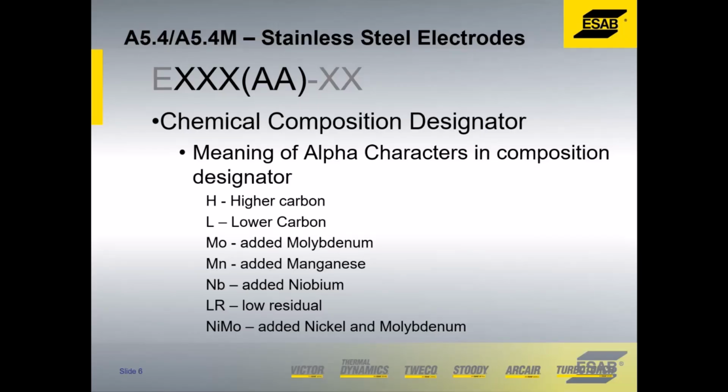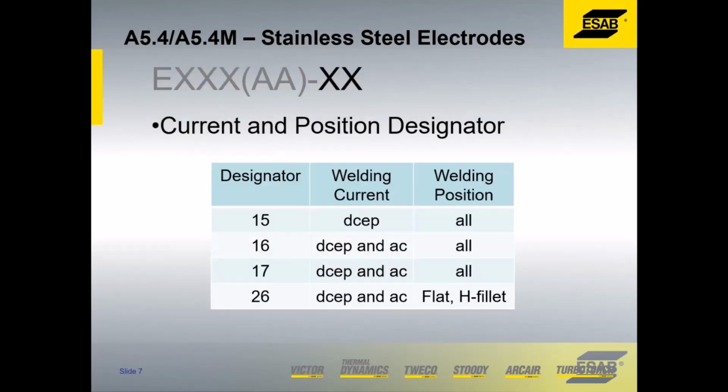For example, you may have a 409 Nb, where you have additions of niobium, or a 410 NiMo would be another common one, where it's a 410 steel, but with additions of nickel and molybdenum. The last two digits are going to be your current and position designator, or the type of electrode that it is.